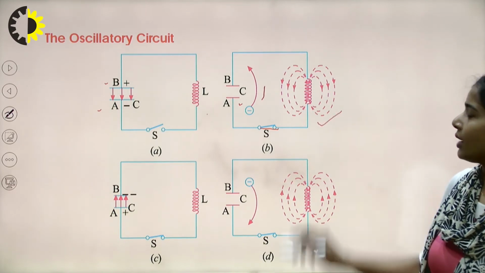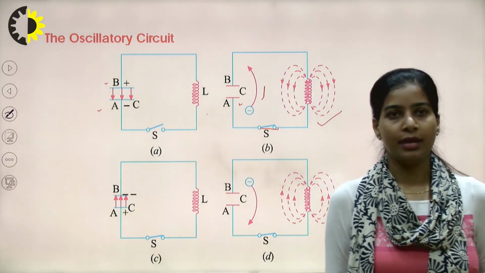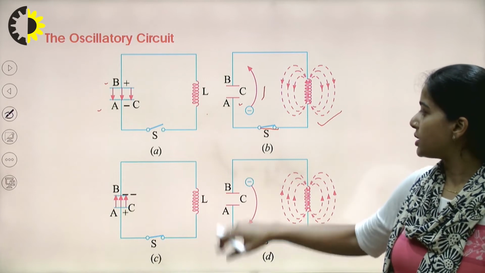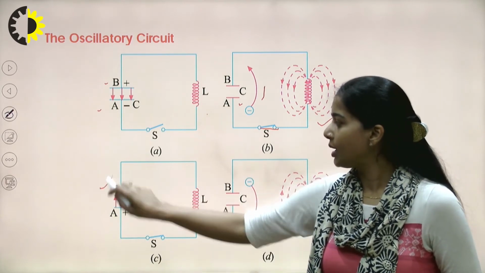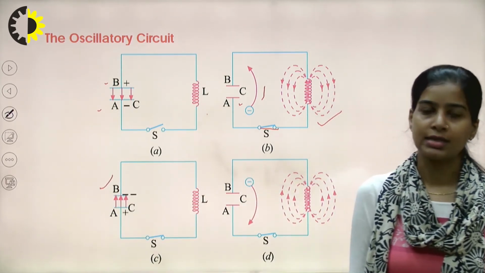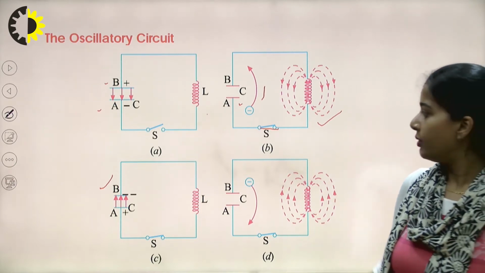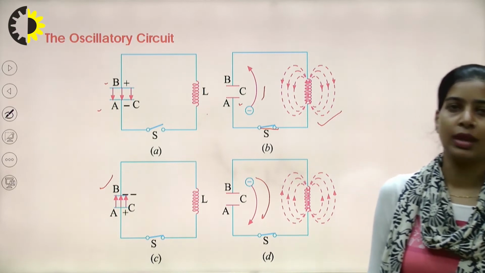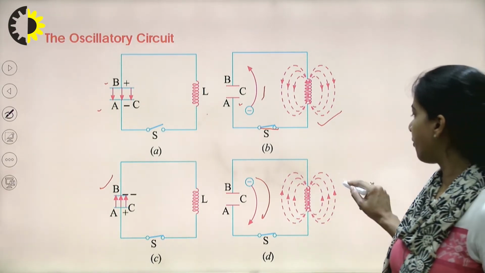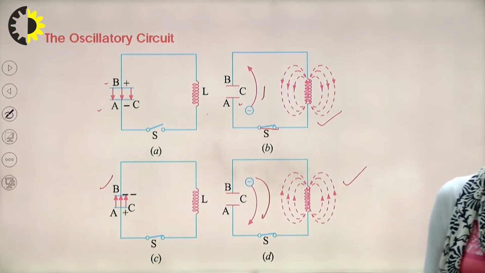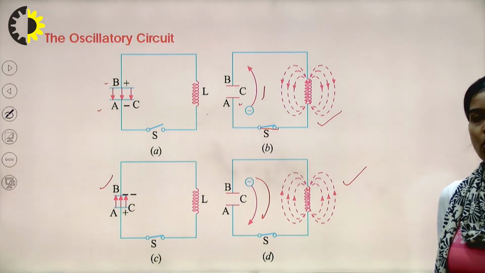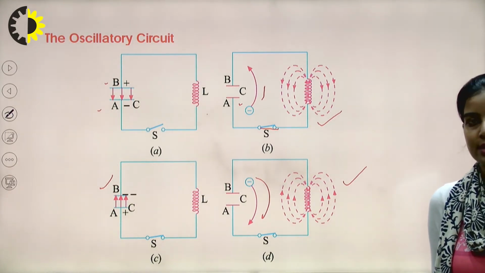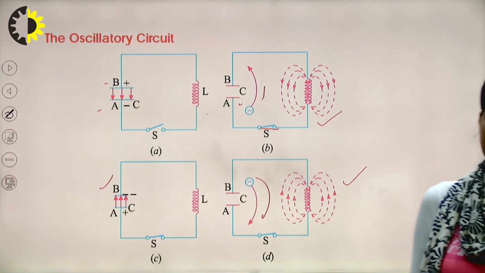That generates a field in the inductance, and after some time plate B becomes more negative compared to plate A. Then again the charge starts flowing from B to A, and the direction of the field is reversed. In that way the oscillatory motion is sustained in the oscillator circuit.